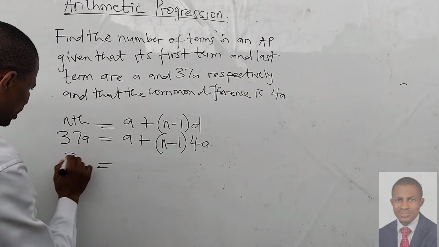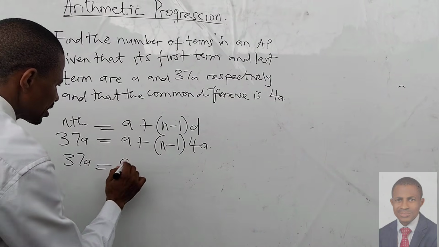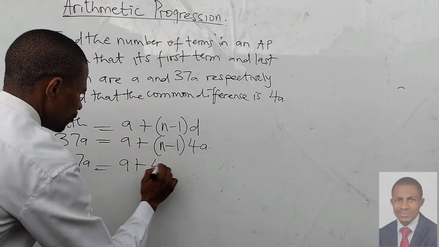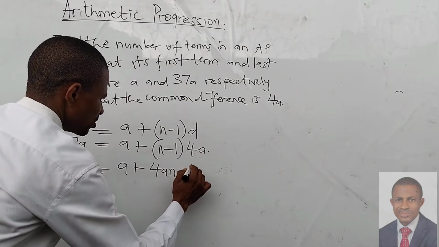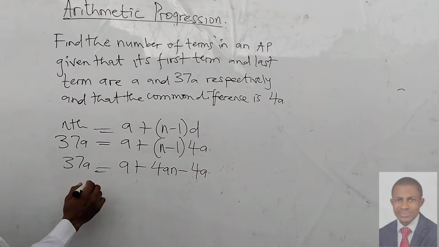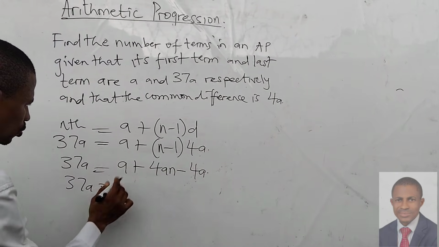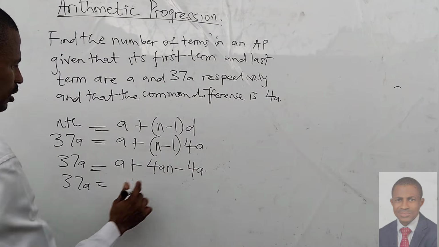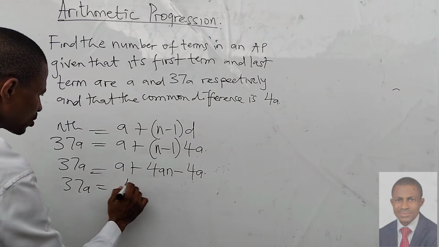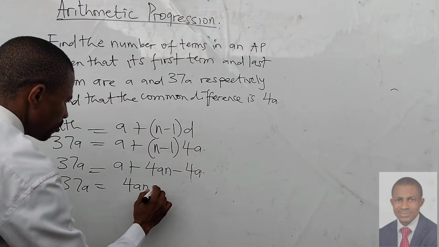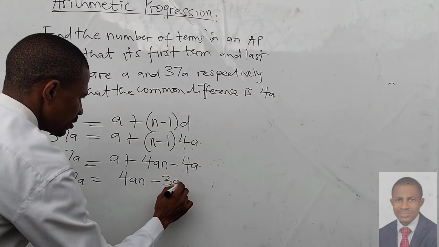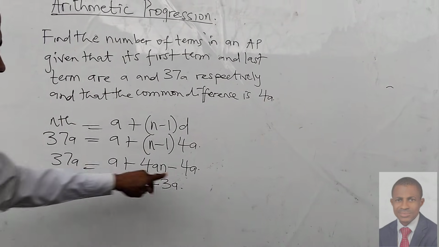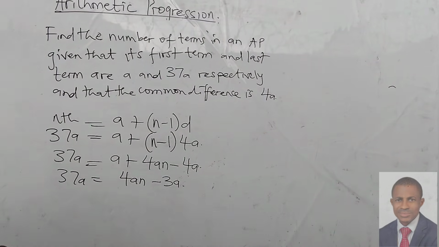So we say 37a equals a plus 4an minus 4a. So 37a equals a plus 4an minus 4a. That will give us 4an minus 3a, because this is plus 1 minus 4, that is minus 3.